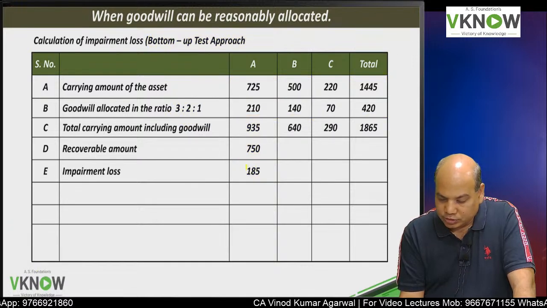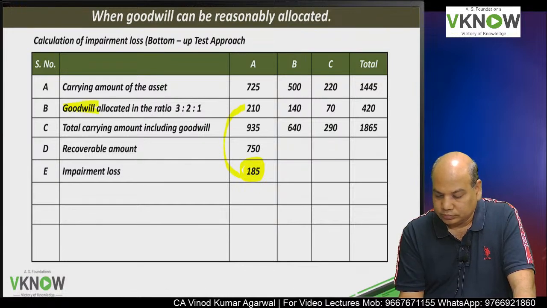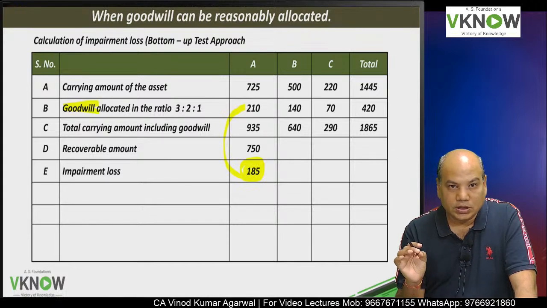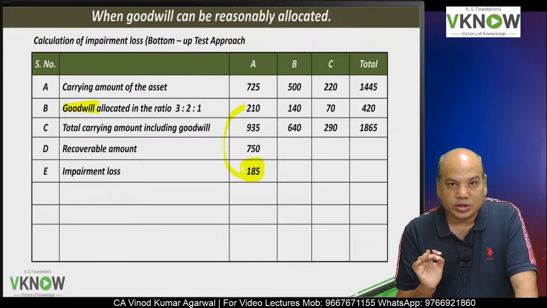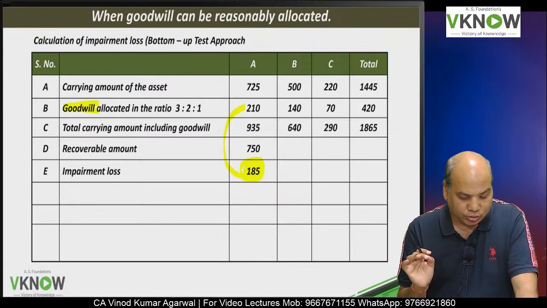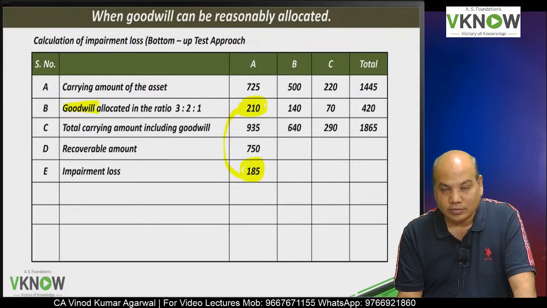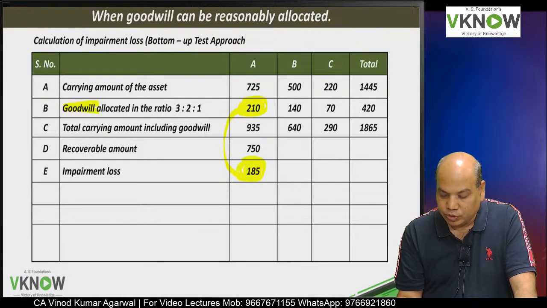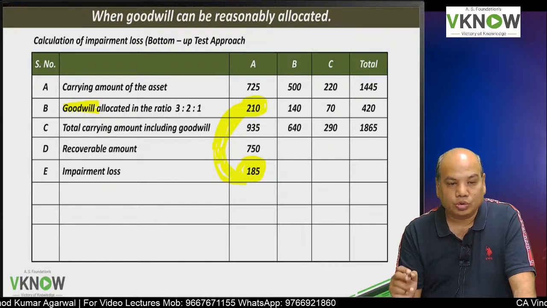So now there is a question: how will this impairment loss be allocated? First it will be allocated towards goodwill, and if there is any balance, then it will be allocated towards the assets of the CGU. But in this question, goodwill is 210 and impairment loss is 185. The entire impairment loss will be allocated to goodwill.